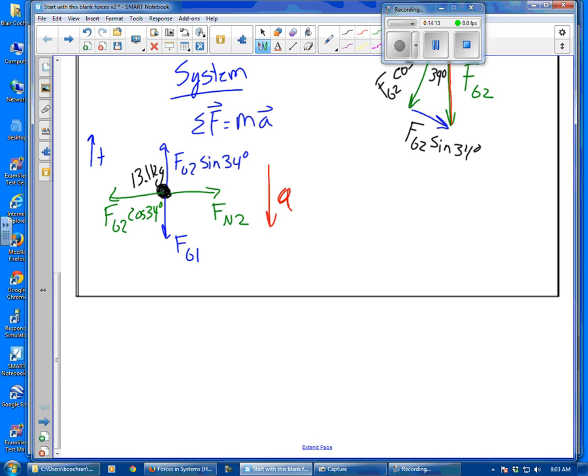All right? Yep, I think that's right. Hopefully, it's Friday after all. That means we've got FG2 sine 34 degrees minus FG1 equals the inertia, 13.1 kilograms, times negative A.